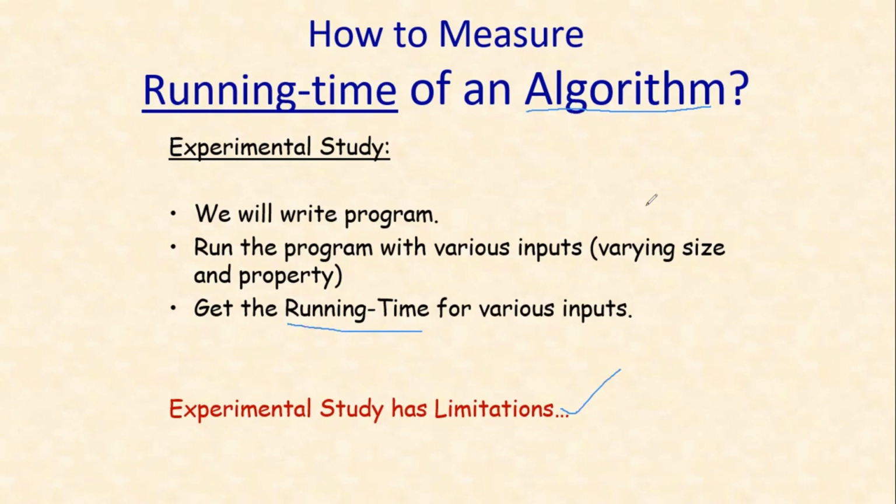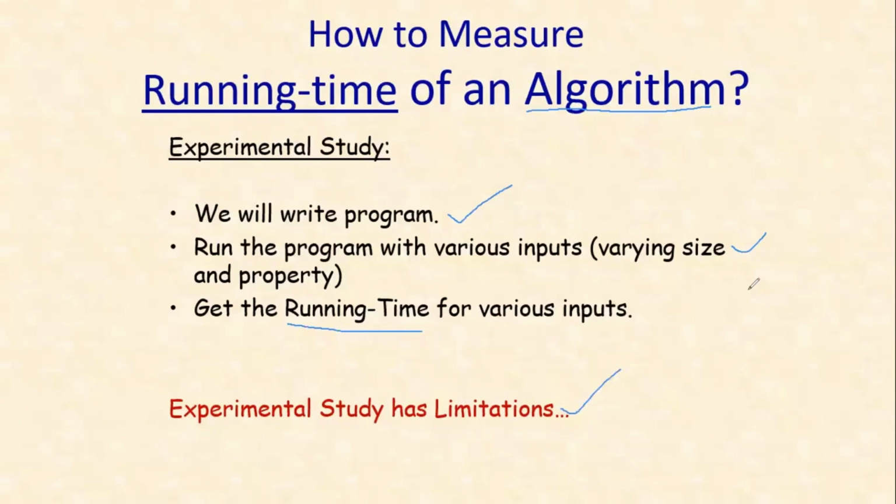To take that decision, we are calculating the running time. But by experimental study, we are developing a program and checking it practically on the computer, so it is not a good practice for deciding an algorithm for a particular problem statement.